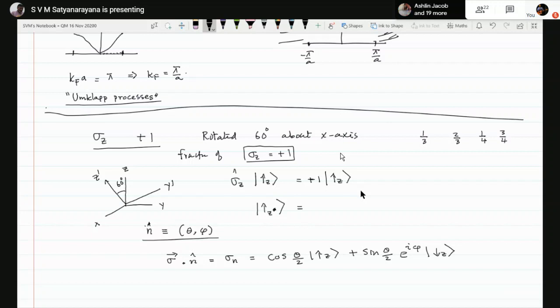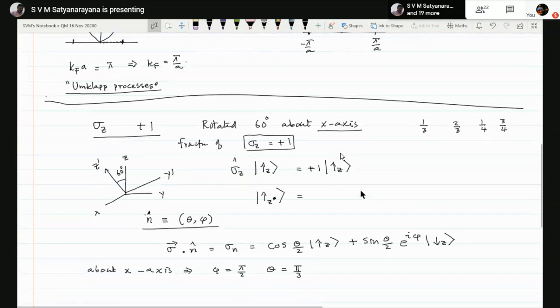Okay, so now since the rotation is about the x-axis, that means it is on the yz plane. So your phi is equal to 90 degrees, which implies phi is equal to pi by 2. And theta is a polar angle, so theta is equal to 60 degrees, pi by 3.